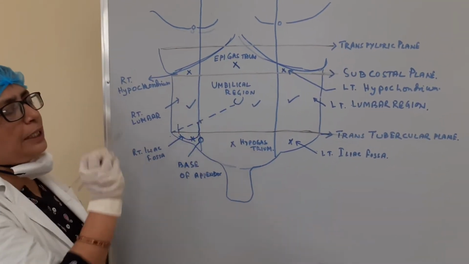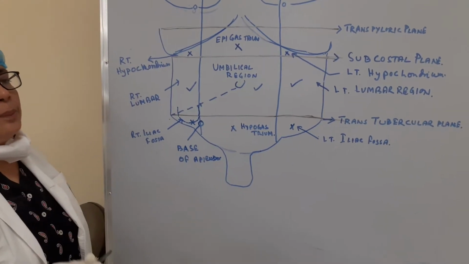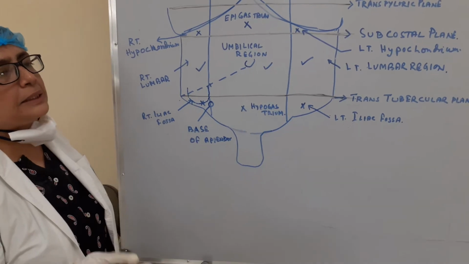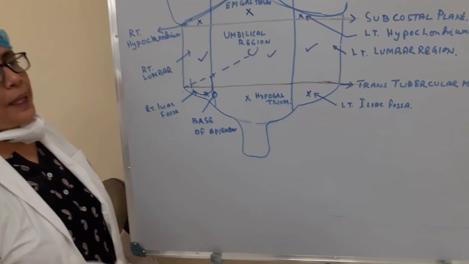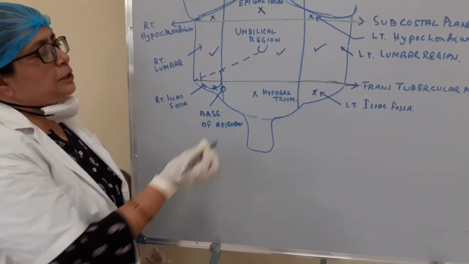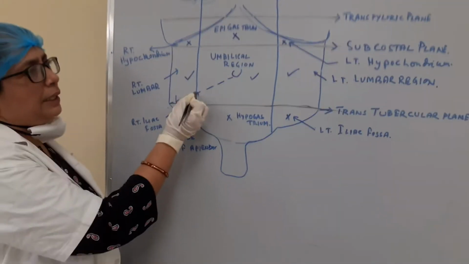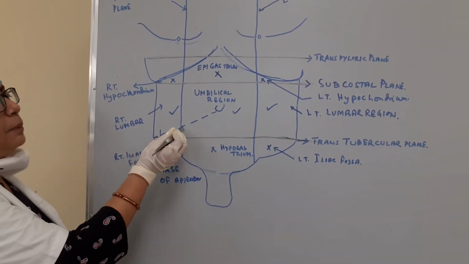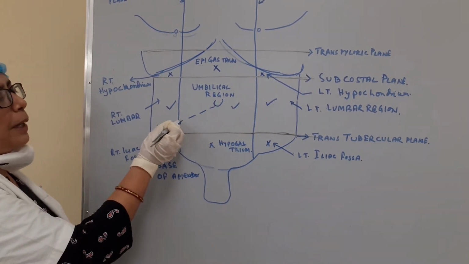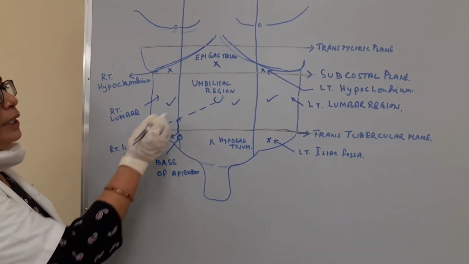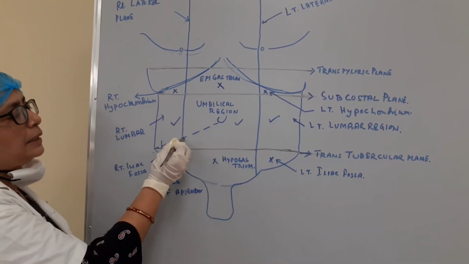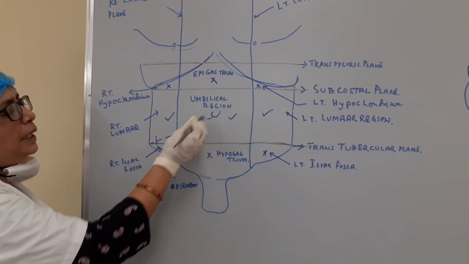So McBurney's point is the point where maximum tenderness will be elicited in a case of appendicitis presenting with fever, pain, vomiting. So it is a very prominent clinical finding when we can elicit maximum tenderness at McBurney's point, joining the line anterior superior iliac spine and the umbilicus at the junction of the lateral 1/3 and medial 2/3.